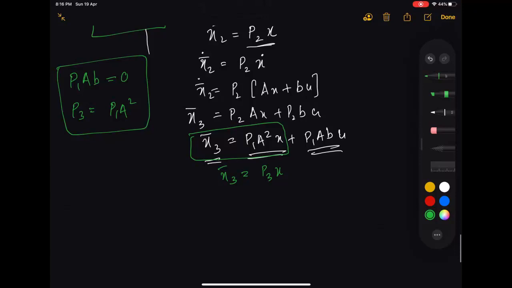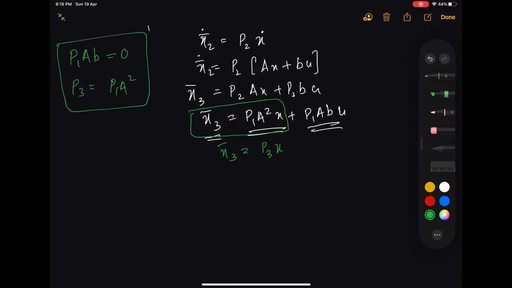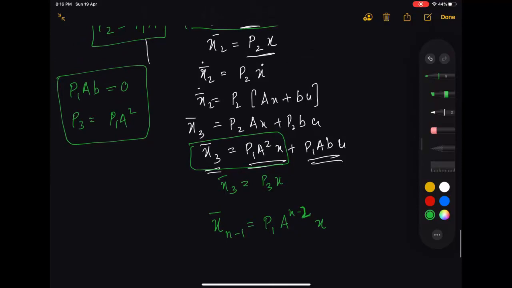So you'll continue this till you get xn minus 1 bar is equal to p1 a to the power n minus 2 x. This is from this general formula.